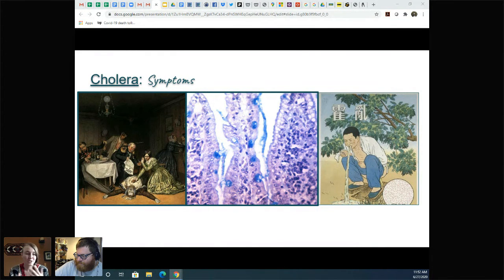And that's what's causing these really watery diarrhea and vomiting, as this illustration from China shows. This loss of water and nutrition in such a rapid way is what ends up causing organ failure and eventually death.